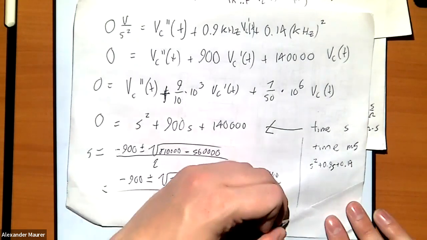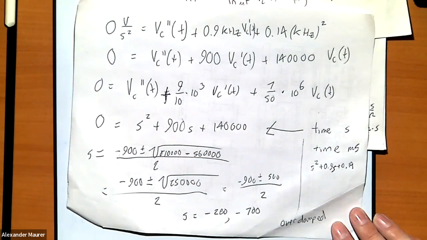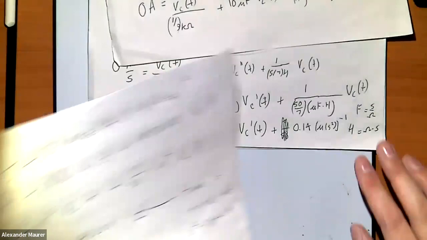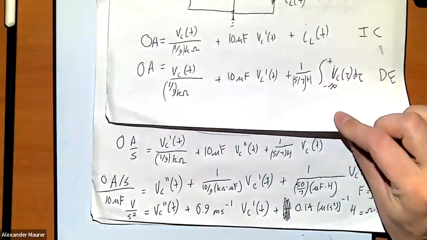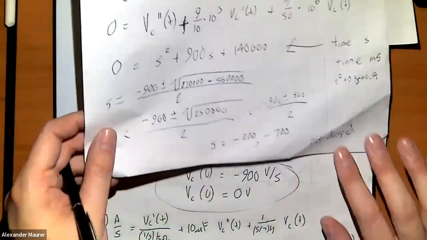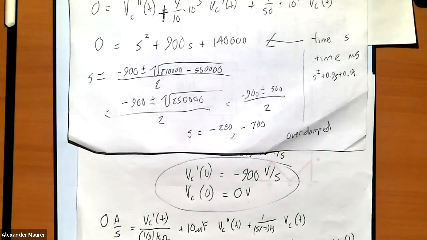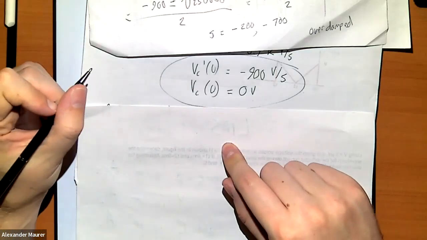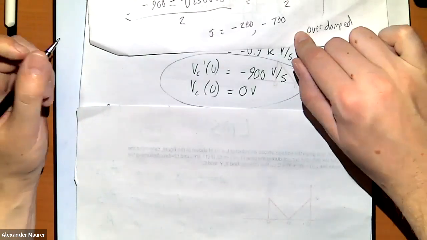So this is what we would call an overdamped condition. So we have two distinct real roots. And from here, we have our initial conditions and our two real roots.